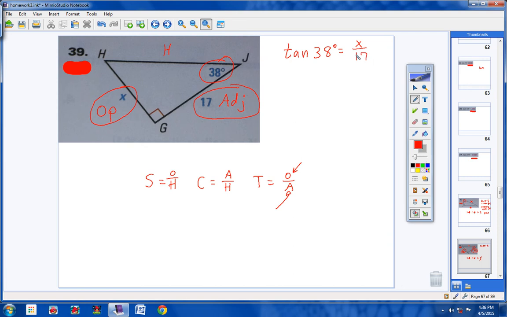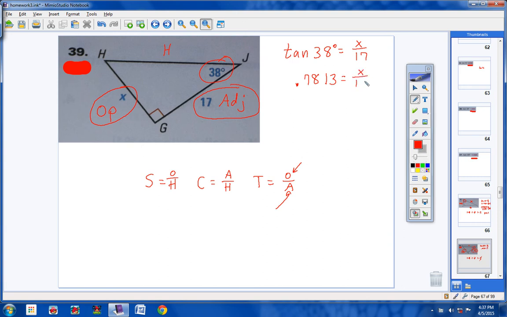Now, first of all, remember, tangent of 38 is just a number. Alright, so here we go, students. I'm going to grab my calculator real quick. I'm going to type in tangent of 38, and you'll get this, 0.7813 equals x over 17.